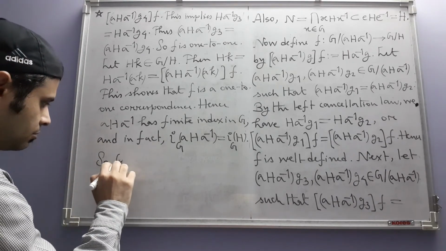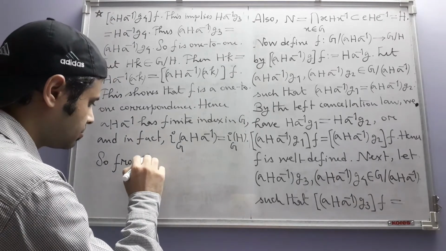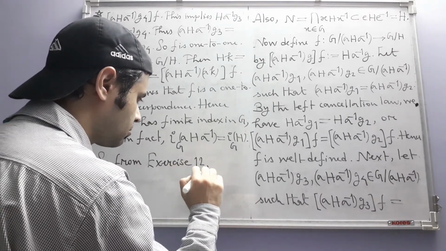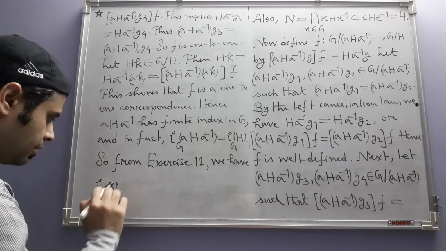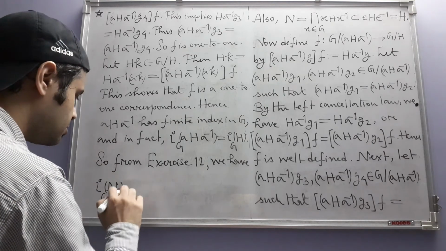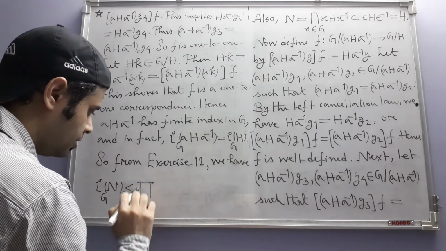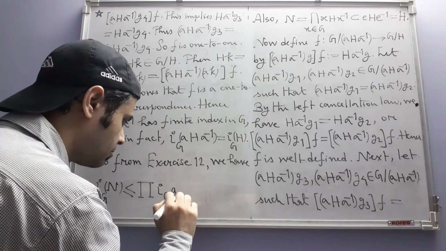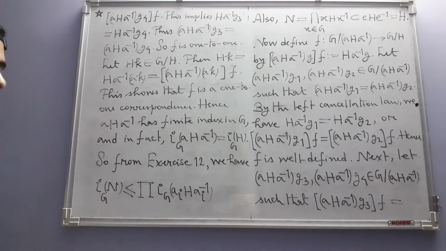So, from where we solved a similar problem, exercise 12, we have the index of n in G is less than or equal to the product of the indices of the subgroups A_i H A_i inverse, because their intersection is n.